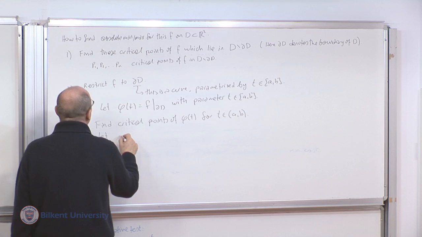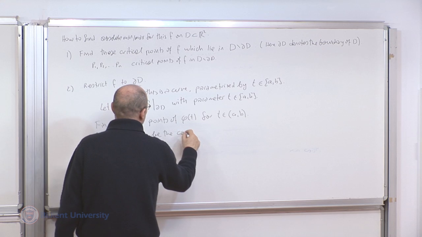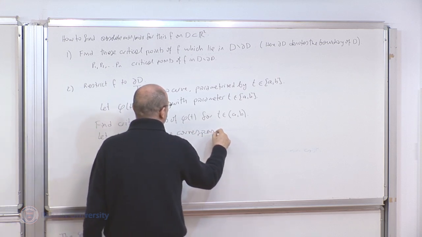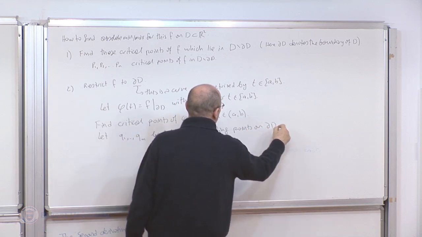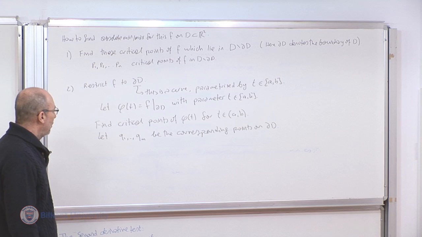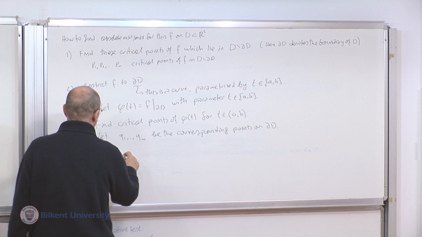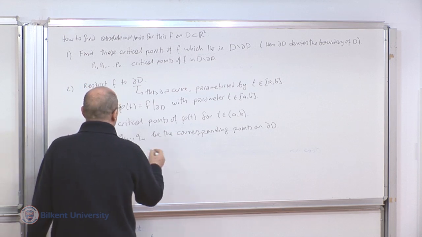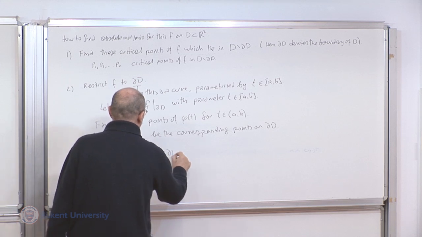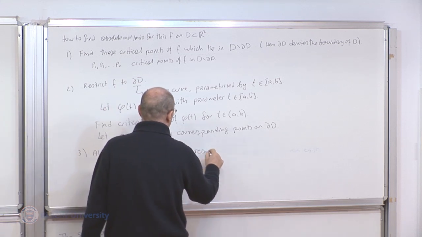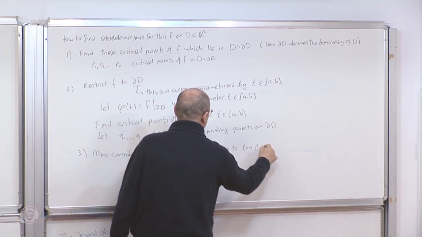Let Q1, up to Qm be the corresponding points on the boundary of D. And also consider R1 and R2 on the boundary of D, corresponding to t equals a and t equals b.